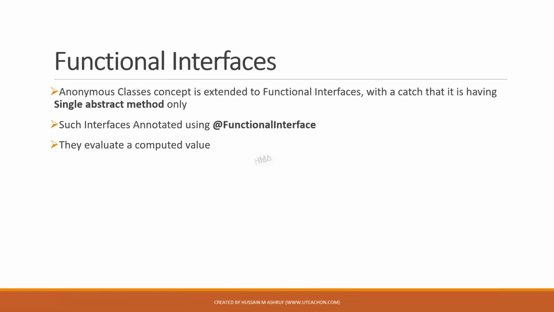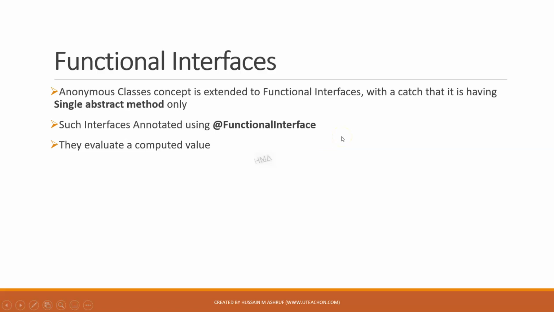The anonymous class concept is extended to functional interfaces with a catch: it has a single abstract method only. It contains only one interface method, only one. That is to stress. Such interfaces are annotated using @FunctionalInterface, even though this is just to satisfy the compiler.